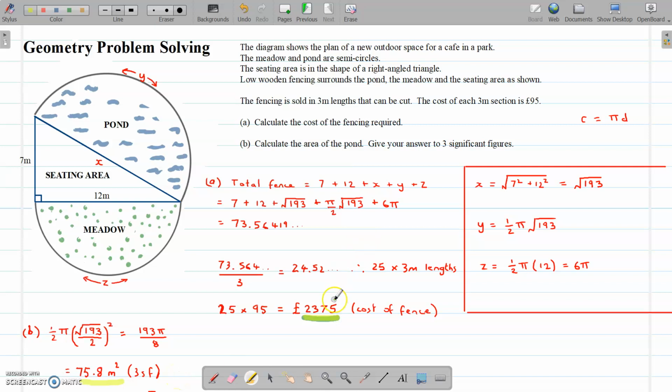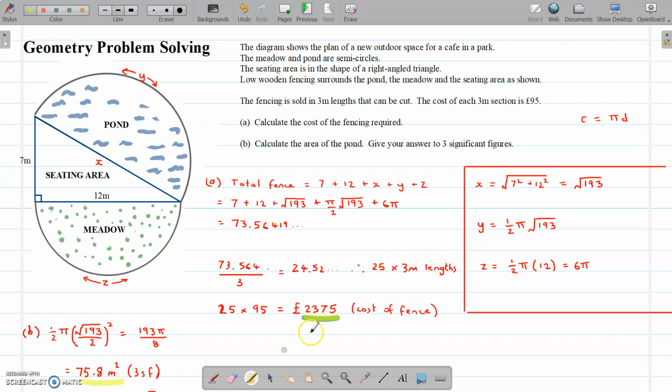So we have the total cost of the fence needed, with clear steps shown, all the detail necessary to show that you understand the problem. And the second part here, recognizing that the radius is half the diameter, but using the exact values all the way through until the end.